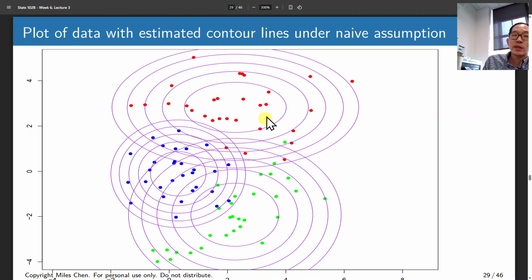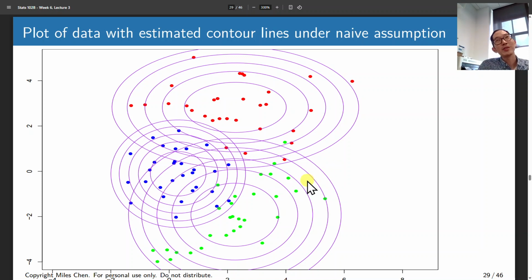And with that, I estimate my contour lines. And it's decently okay for red, decently okay for blue. It's kind of bad for green, okay? Because green has the highest covariance, and here I'm assuming there's no covariance. So it does a bad job for green because this one has a lot of covariance.